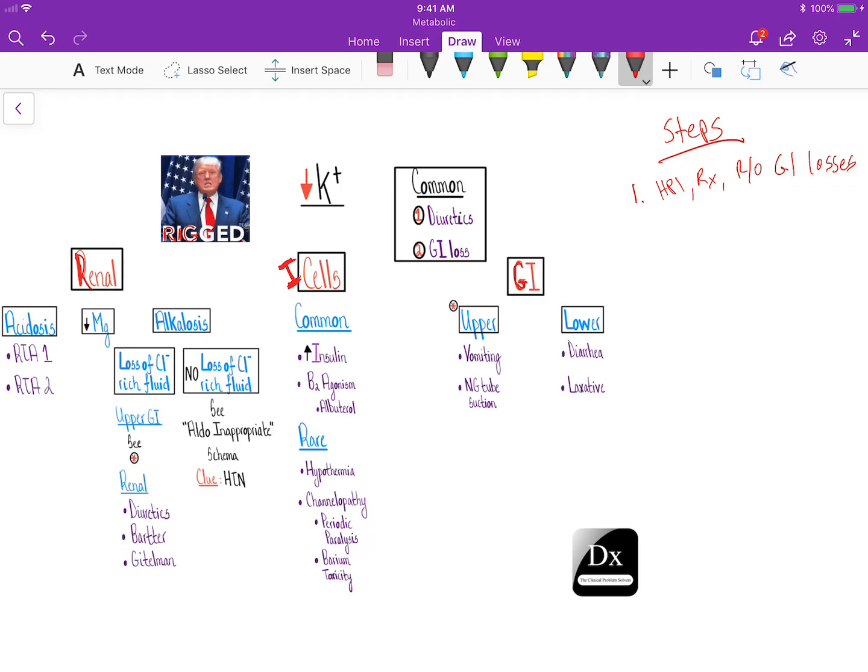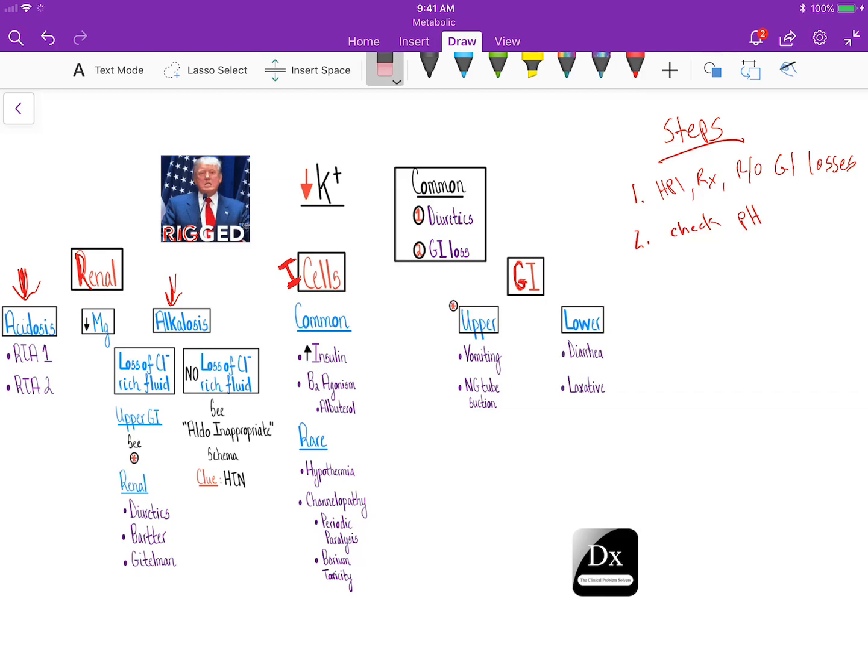If it does not give you the answer, then the next thing you can do is check the pH. Why check the pH? Well, the pH can help clue you in whether this is in this category over here or this category over here.